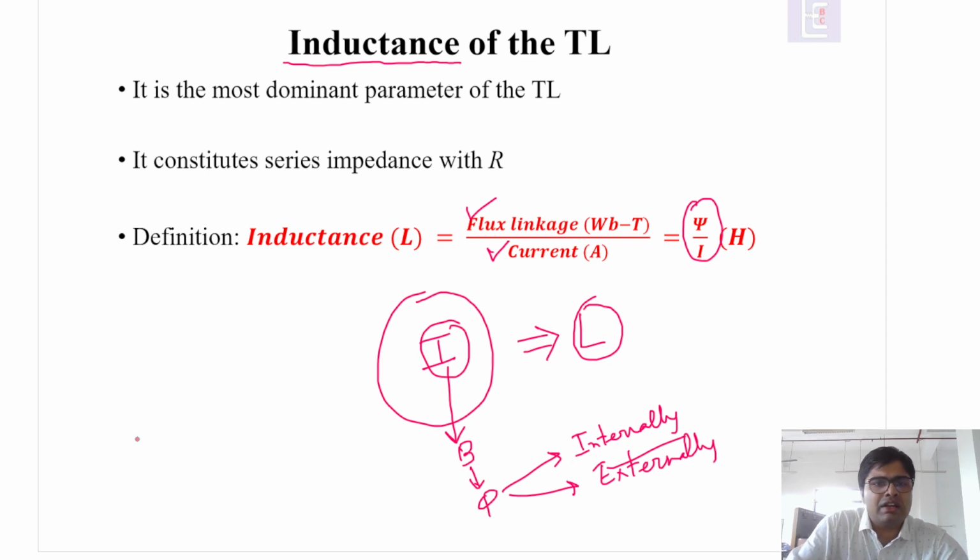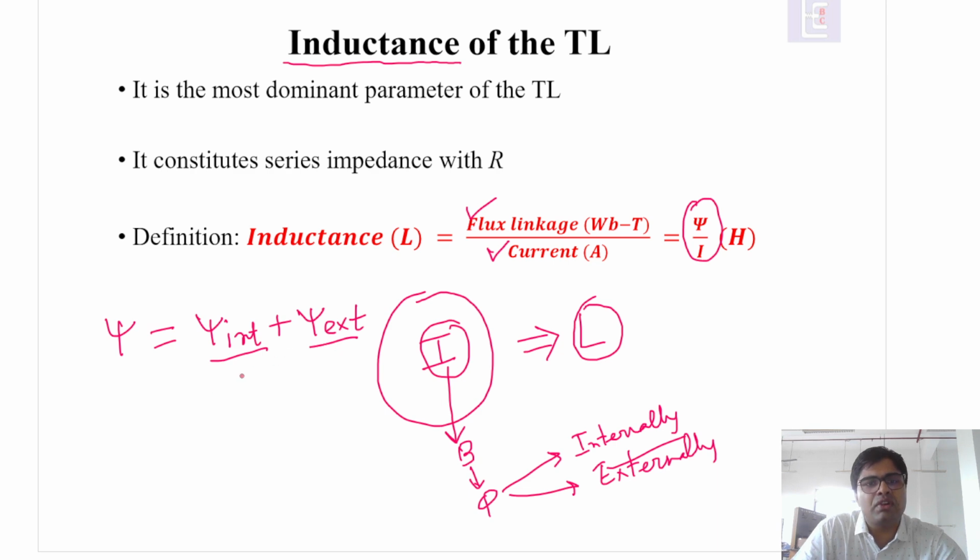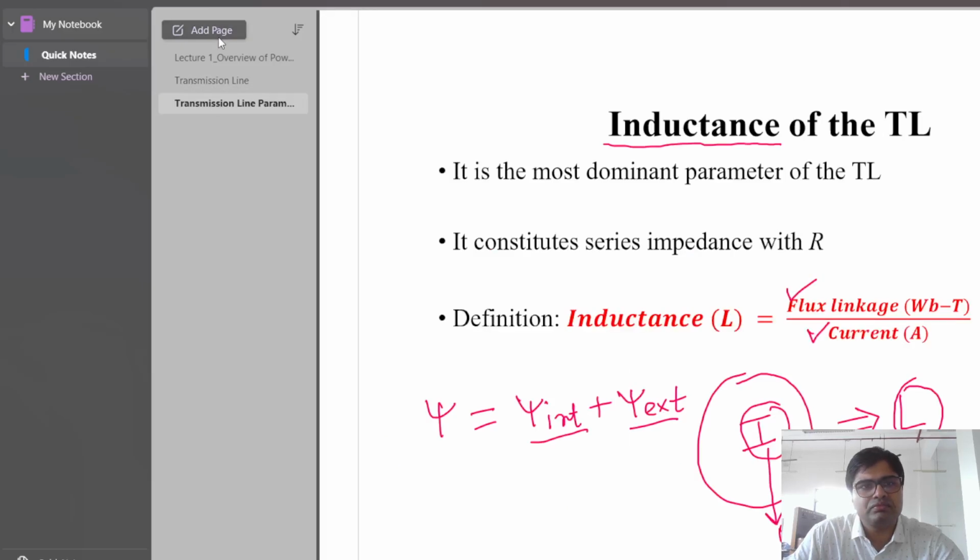So the inductance value, that is the flux linkage, can be seen as the effect of two flux linkages, the internal flux linkage and the external flux linkage. So the overall inductance of the solid conductor can be seen as a result of these two effects.